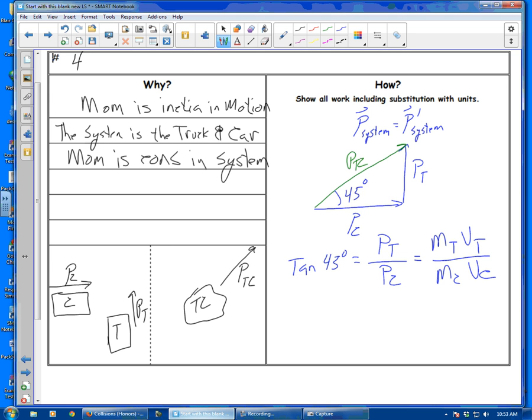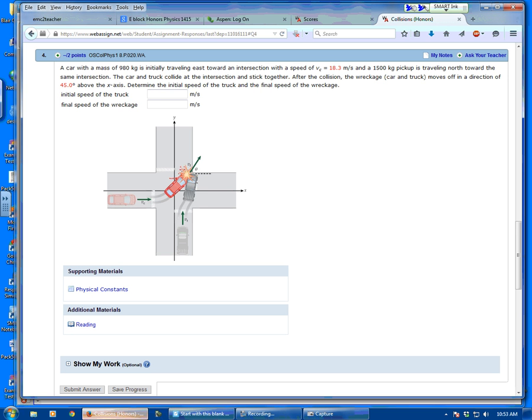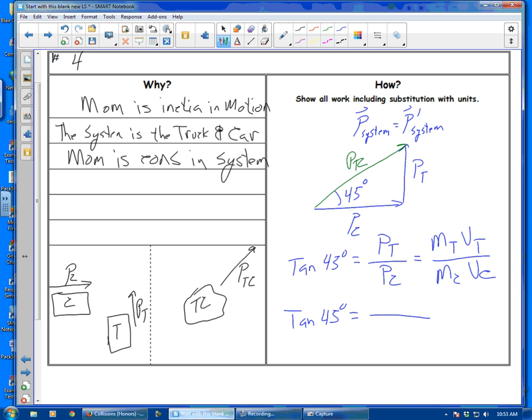And I know the inertia of the truck. I know the inertia of the car. So I can just substitute in things I know. Tan 45 degrees equals inertia of the truck, 1500.